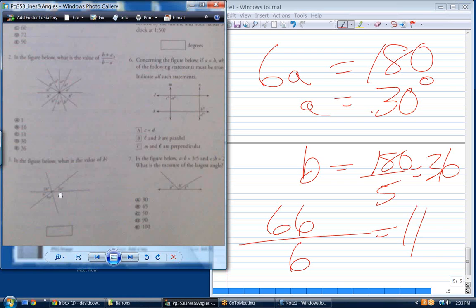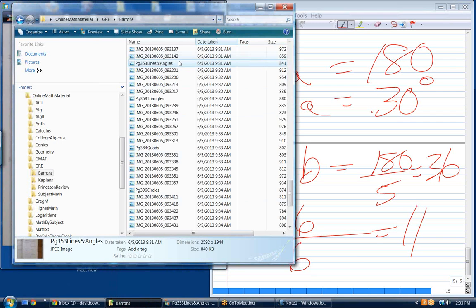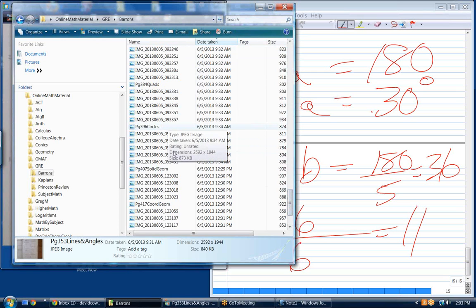Right. Let me just show you briefly what I have here in the way of discrete geometry. We looked at triangles. We did all the triangle questions. We're working on lines and angles now. There's also quadrilaterals, four-sided figures. There's also circles. There's 15 questions on circles, and then 15 questions on solid geometry and then coordinate geometry. So I've got a lot of geometry questions.